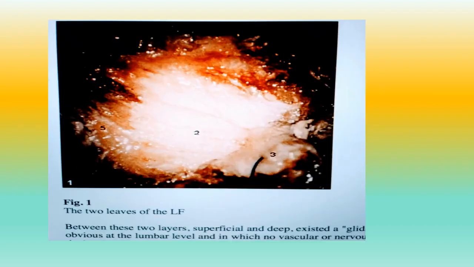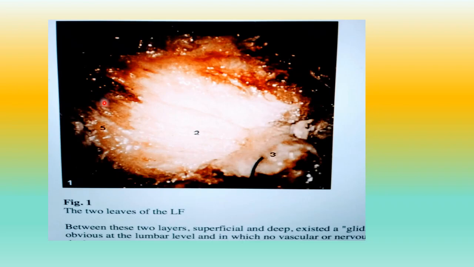So this is the in toto figure of the ligamentum flavum, and this is the midline cleft. This is the superficial layer, this is the deeper layer, and this is the upper attachment.